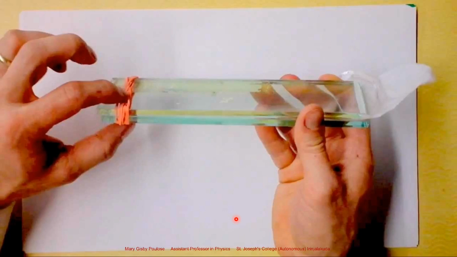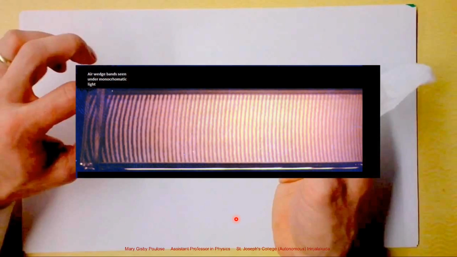If the glass plates are arranged in such a manner, a very thin medium of air will form a wedge-shaped film between these two glass plates, forming an air wedge. And if we look into this air wedge using monochromatic light, we see interference patterns. The pattern observed will be of this manner.